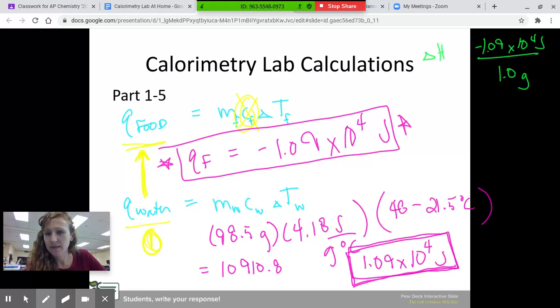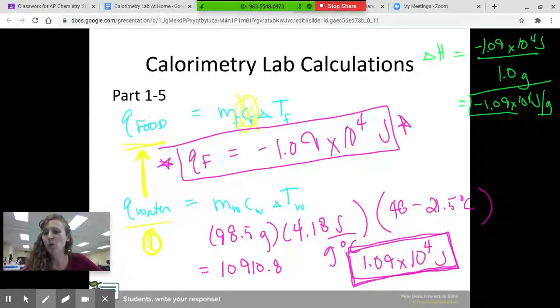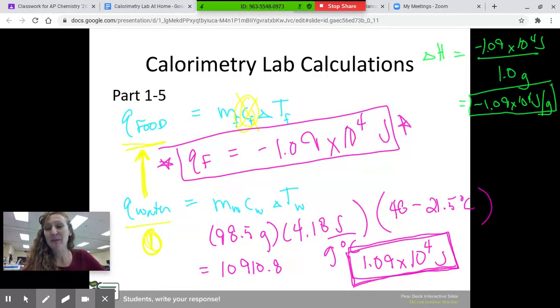Come on, almond. Teach us some lessons here. Okay, so delta H in this case is 1.09 times 10 to the 4th joules per gram. But if the mass wasn't 1.0 grams, then that amount would have changed. And it definitely will on part 5.